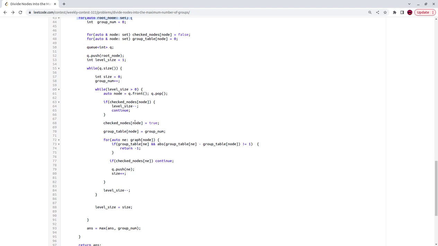And if any of them has value -1, we return it directly. Otherwise we will take the max of the answer and the group number.